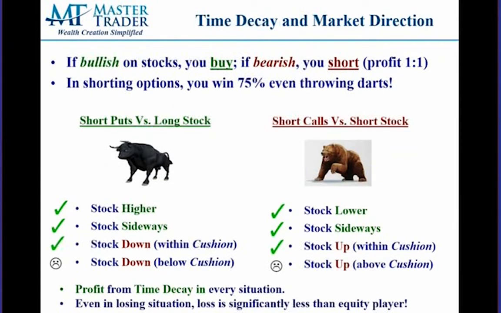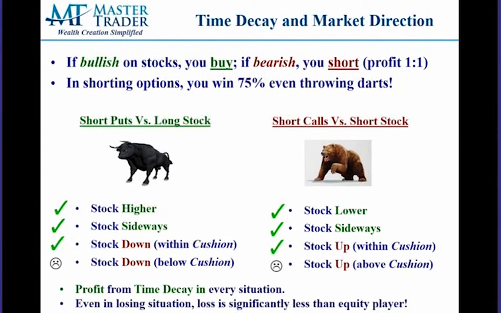This is just a diagram to show you the difference of the edge that you have in selling puts. As mentioned, if you're bullish on stocks, it's a one-to-one relationship. You have to buy it, put your stop in, and you either win or lose if the stock goes up or down. Same with shorting. So on the left side here, shorting a put versus long the stock. If the stock goes higher, I win. I keep my 100% premium. If it goes sideways, I win.